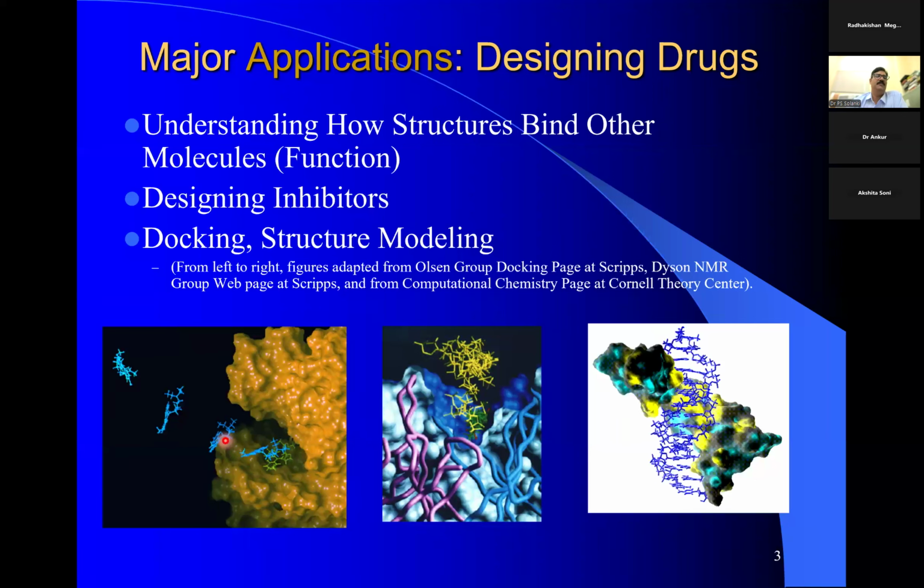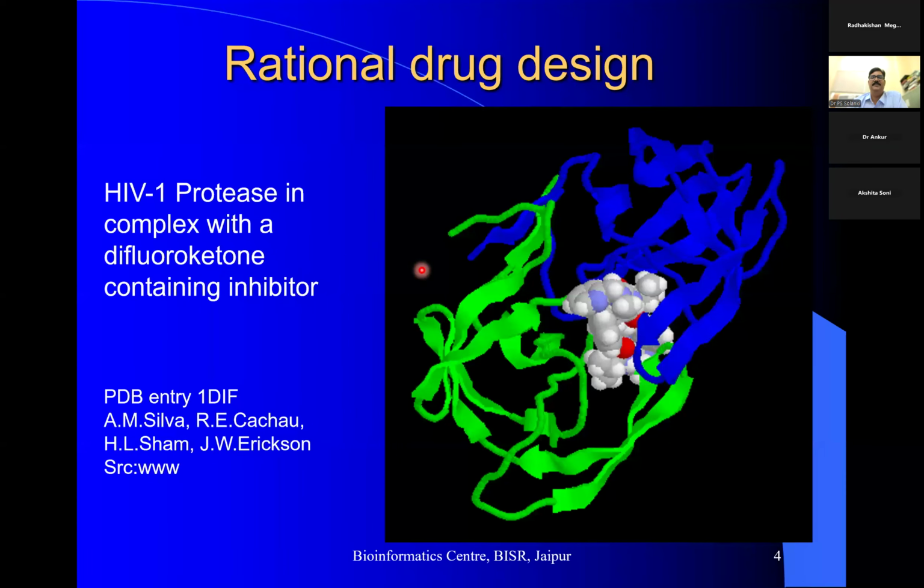That is why we call it drug repurposing. In bioinformatics, designing a drug is a very important task that we will discuss today: what the drug development process is. We call this process in bioinformatics rational drug designing.